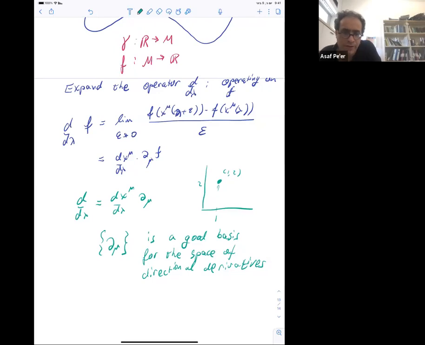Now, obviously, this vector that we just put in, d over d lambda, is exactly the tangent vector to the curve lambda. So it's just a restatement of what we did in special relativity.